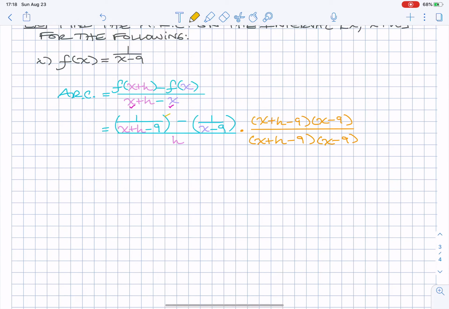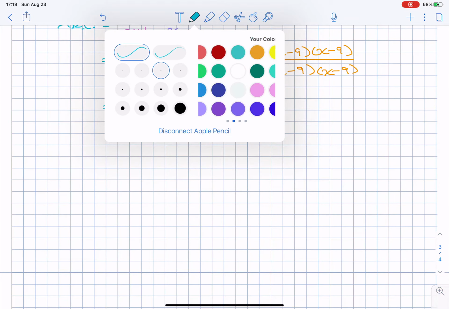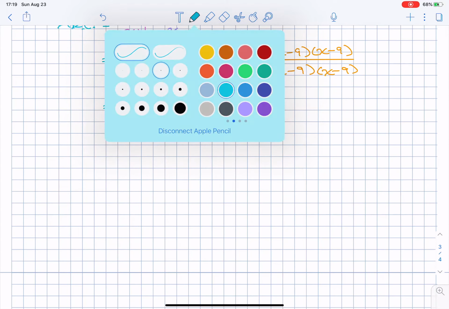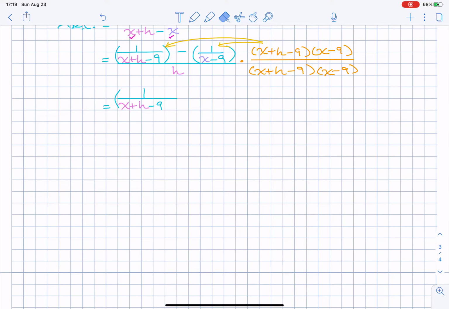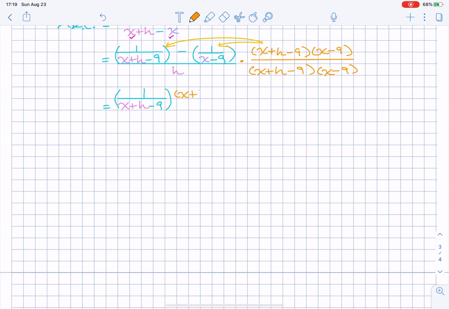So now if I distribute to each term in the numerator, what do we have? Well, let me initially be explicit, show you what I'm doing. So 1 over x plus h minus 9. We're going to distribute that whole ugly orange guy here. So I'm going to distribute x plus h minus 9 and x minus 9 to this first term.